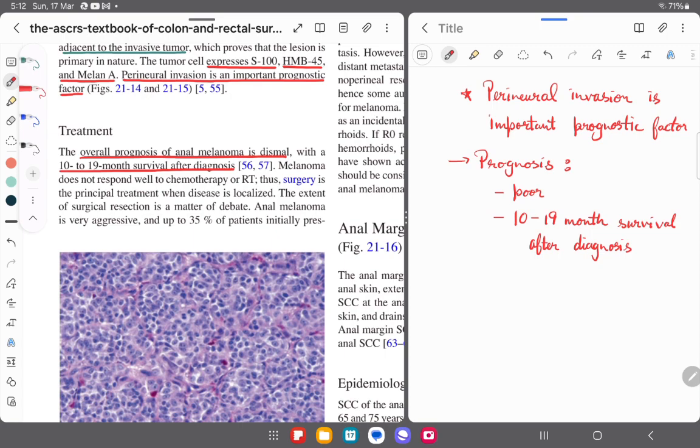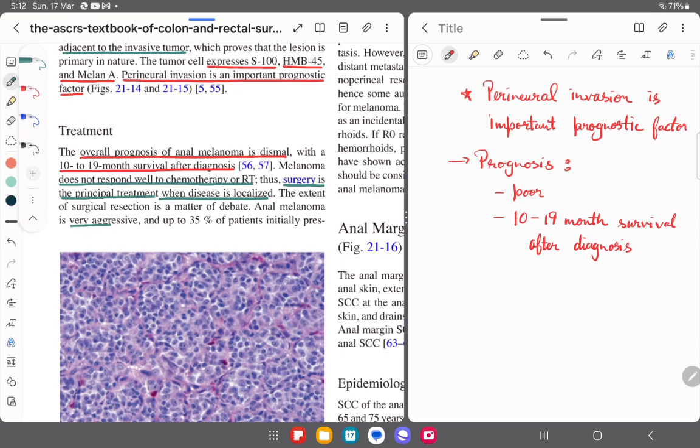Melanoma does not respond well to chemotherapy or radiotherapy. Thus surgery is the principal treatment when disease is localized. The extent of surgical resection is a matter of debate.